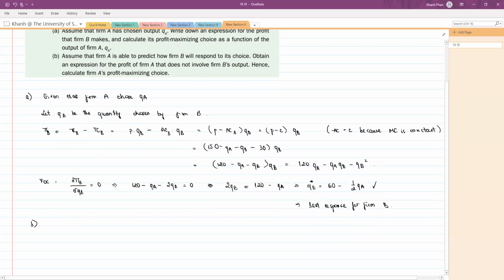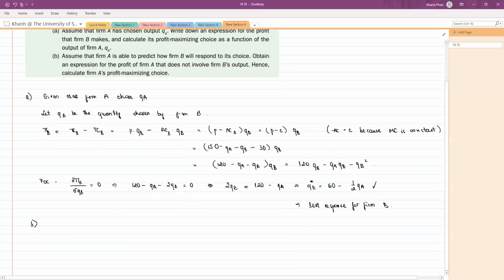Firm A is going to be choosing QA knowing this equation, knowing that firm B is going to follow this equation. Whatever I choose, firm B is going to choose QB following this function over here. So knowing that information, I should take that into account when I try to choose my QA to maximize my firm's profit.